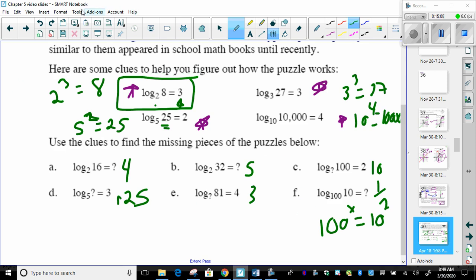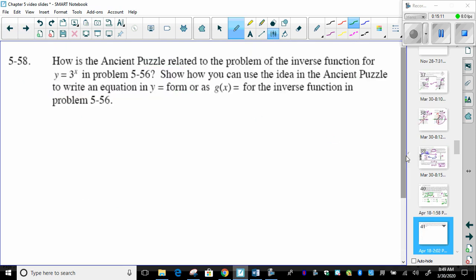So what I want you to do lastly is read the following, and now put that inverse into y equals form. So if I want the inverse of this, it is x equals 3 to the y.